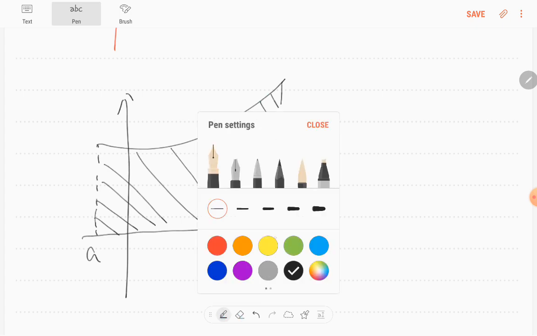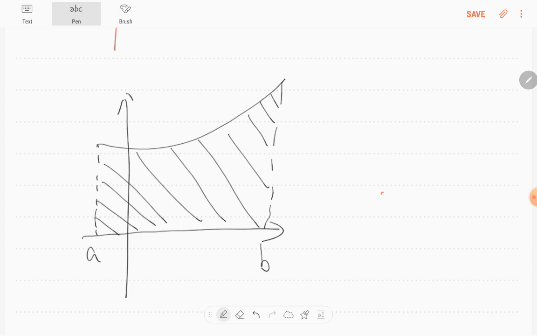So the first thing, we want to look at some ideas. We divide this interval AB into several parts, some small subintervals. On each interval, you form a rectangle.